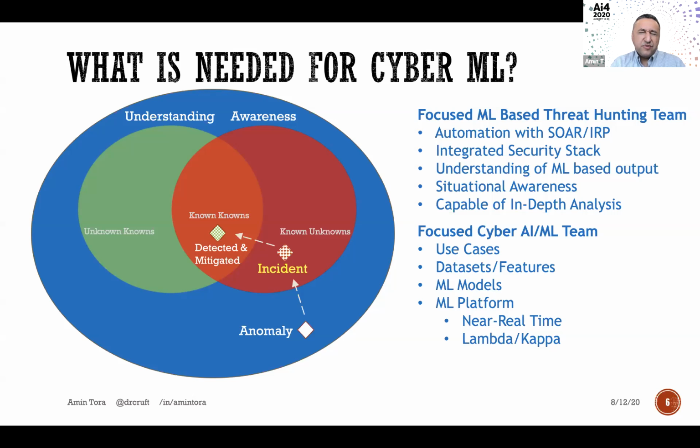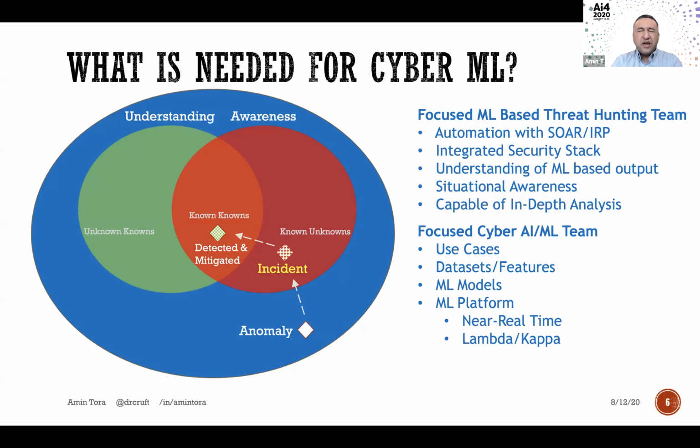Once you've discovered the anomaly, you have some awareness of it, and we can analyze it. If it is malicious activity, then we know that we've detected it, and we can work towards mitigation. After that, it becomes a known, where we have some understanding and awareness of it. So that's the general approach.